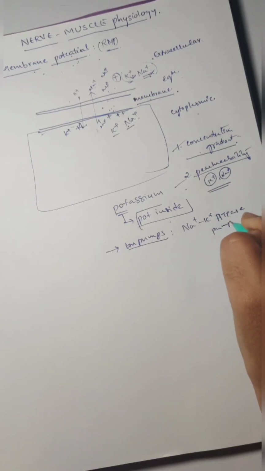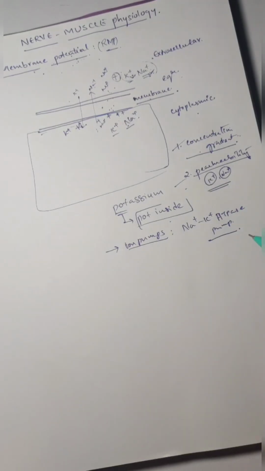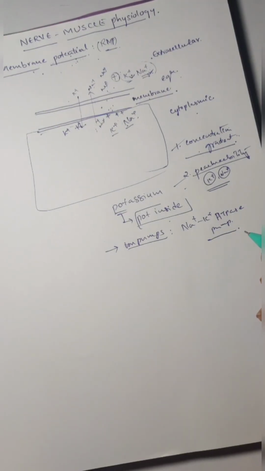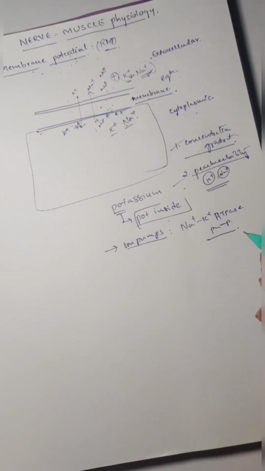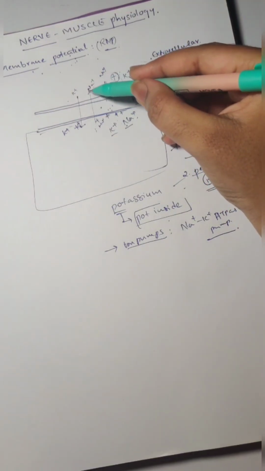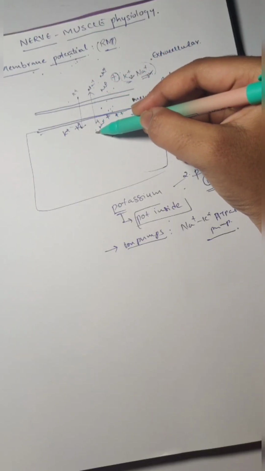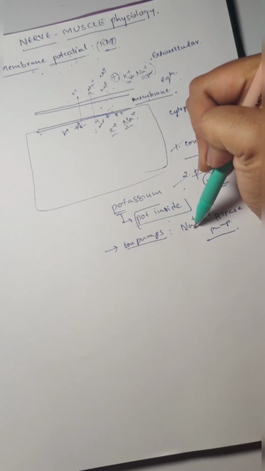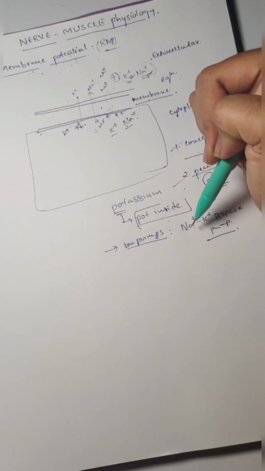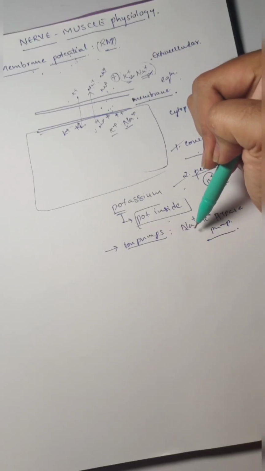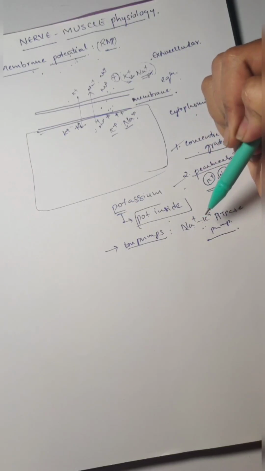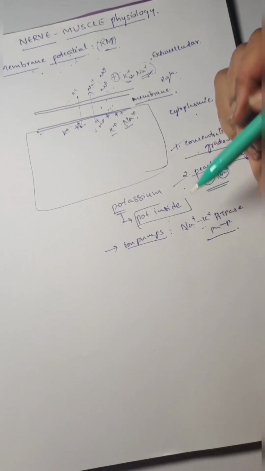The sodium potassium ATPase pump plays a major role in creating a concentration gradient. That is, why sodium ions are more outside and potassium ions are more inside is maintained by the sodium potassium ATPase pump. Okay, this is also clear.